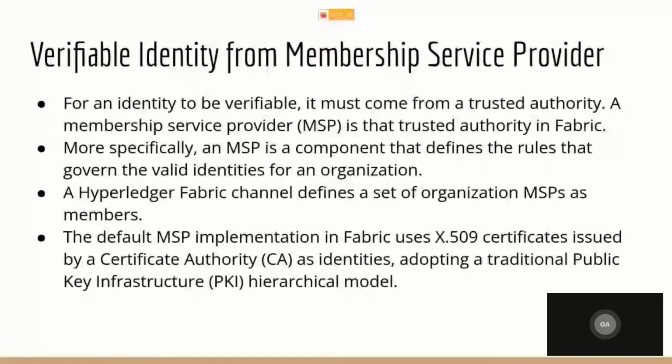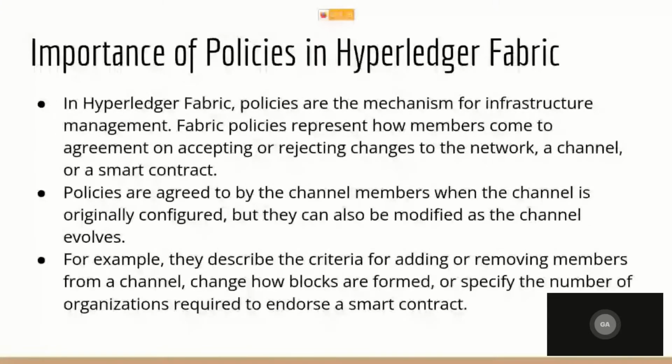So in Hyperledger Fabric, channels define a set of organization membership service providers, and then the default MSP uses X509 certificates issued by certificate authority, adopting a simple public key infrastructure hierarchical model. That's how you're able to have a root certificate and intermediary certificates.